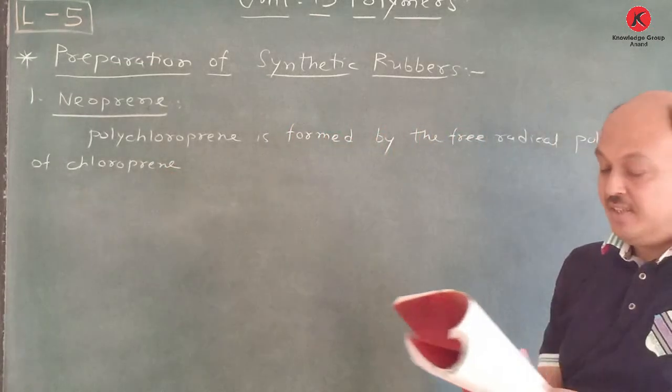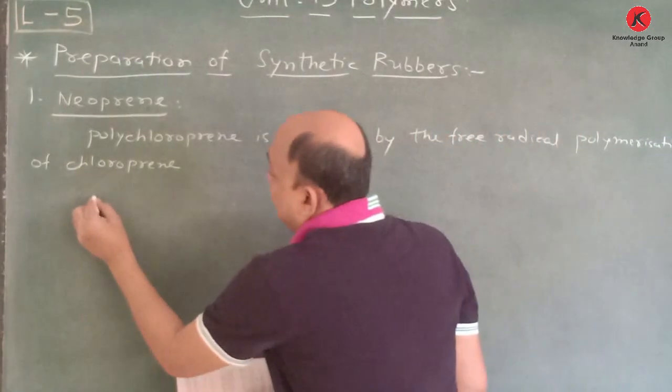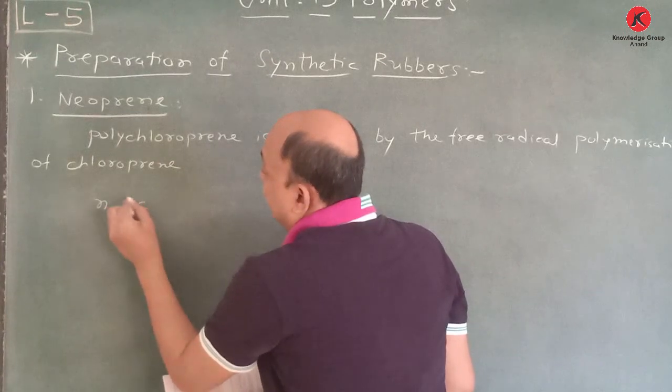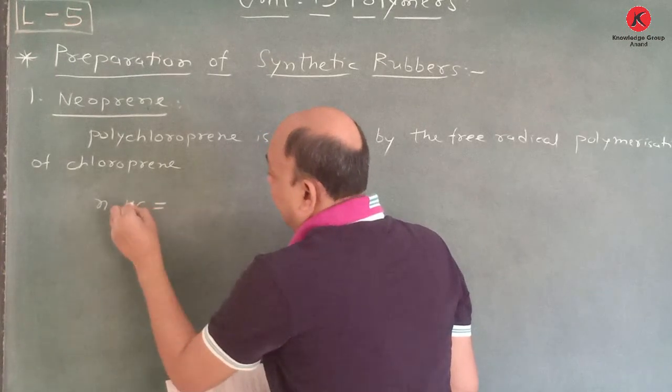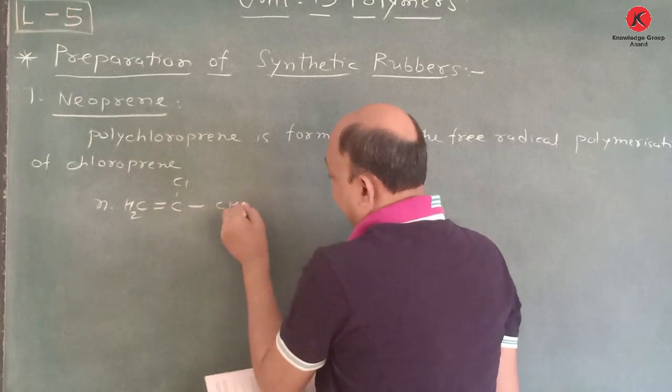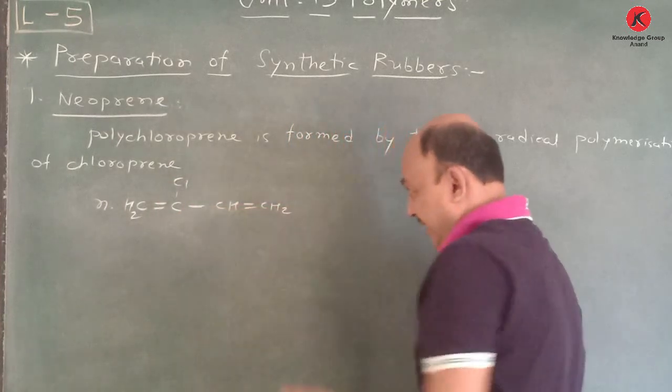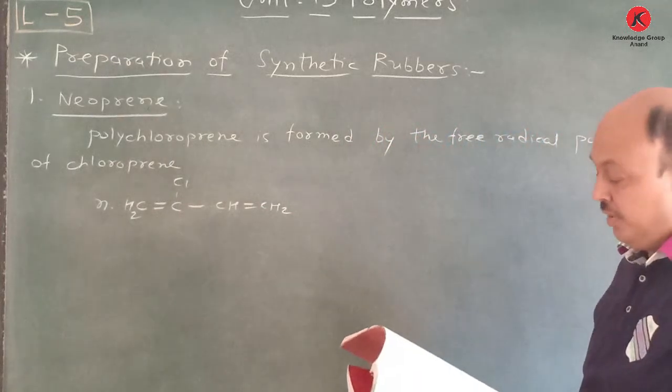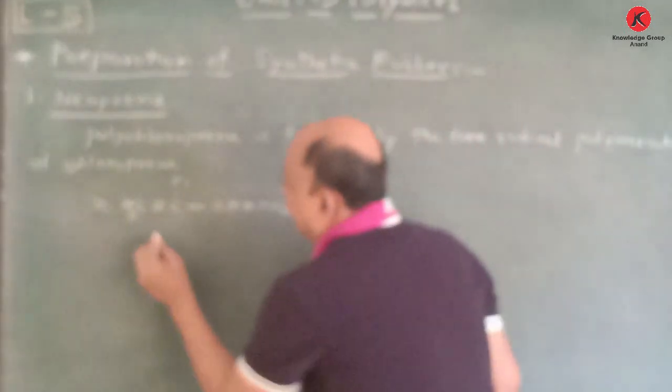Now we write down the reaction which is given in your NCERT textbook. It's very simple. CH2 double bond CCl, CH double bond CH2. This is the structure of chloroprene.